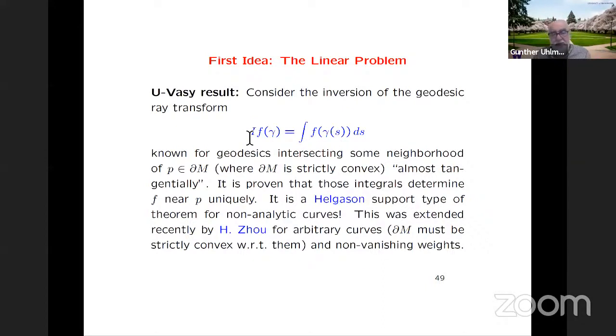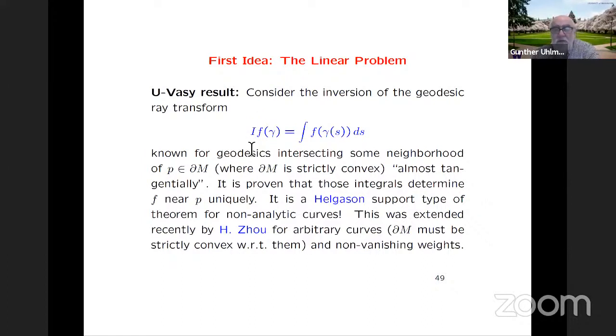So even if F is supported in a small neighborhood of a point, in order to invert, you have to go outside the neighborhood, because of the non-locality of the inversion. Even in the case of straight lines, and in the case of simple, it's an elliptic pseudo-differential operator. It's non-local either.